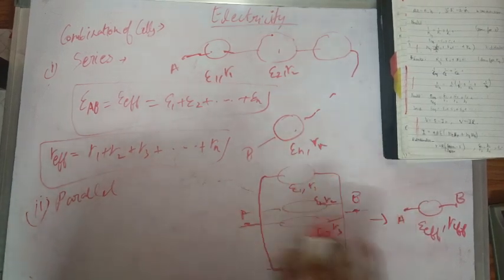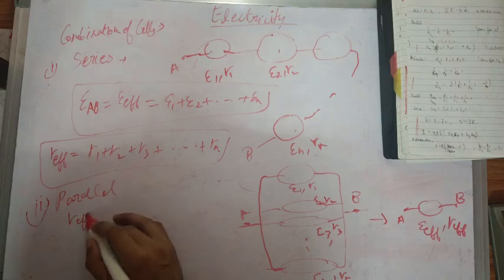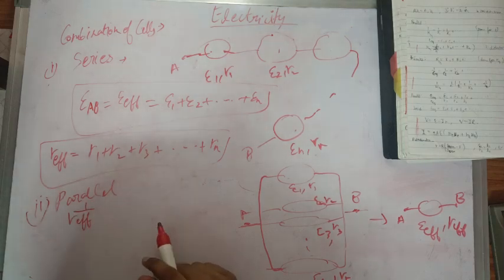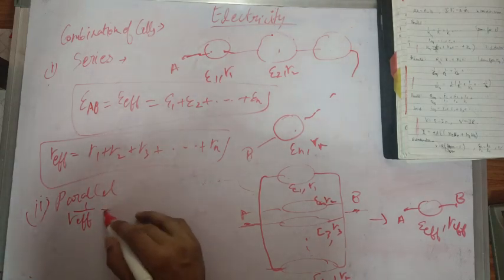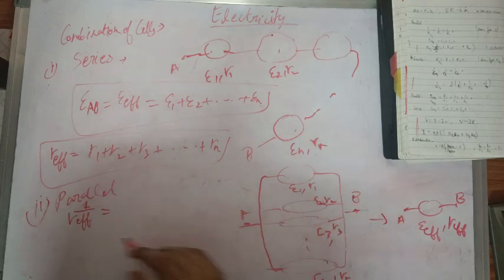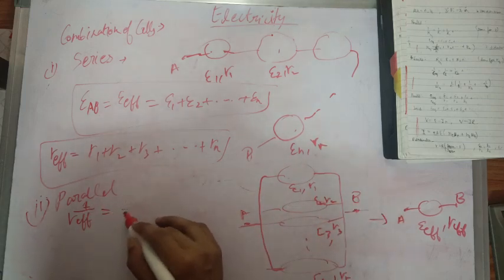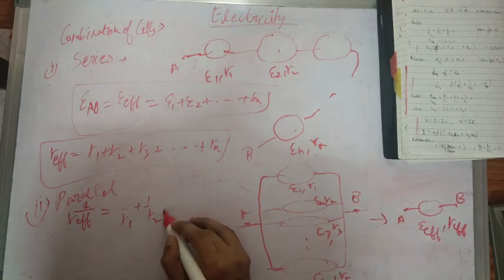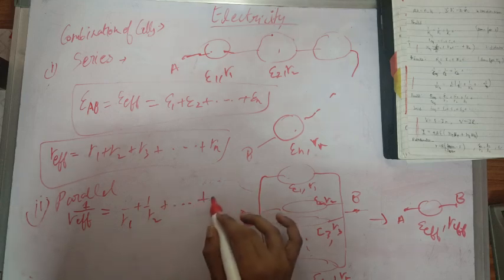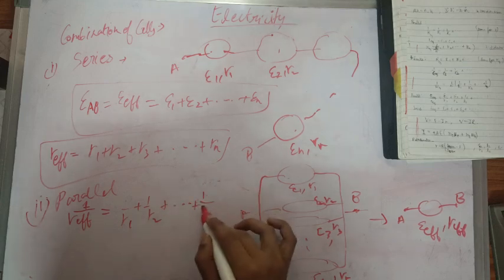For this case we have to first calculate the R effective, which is given by 1 upon R effective is equal to 1 upon R1 plus 1 upon R2 plus and so on, plus 1 upon Rn.